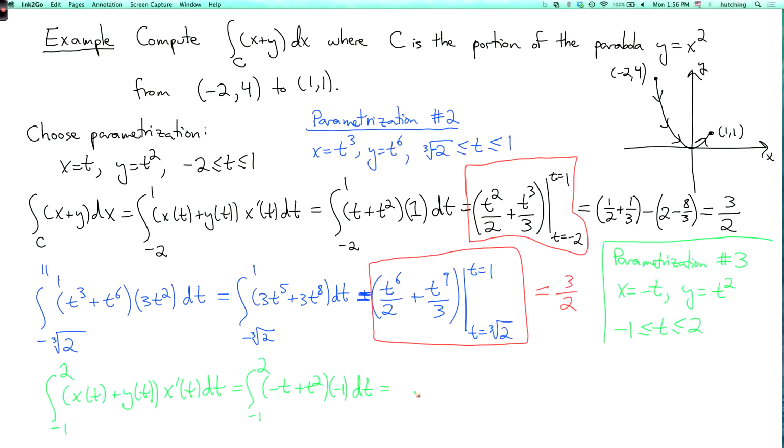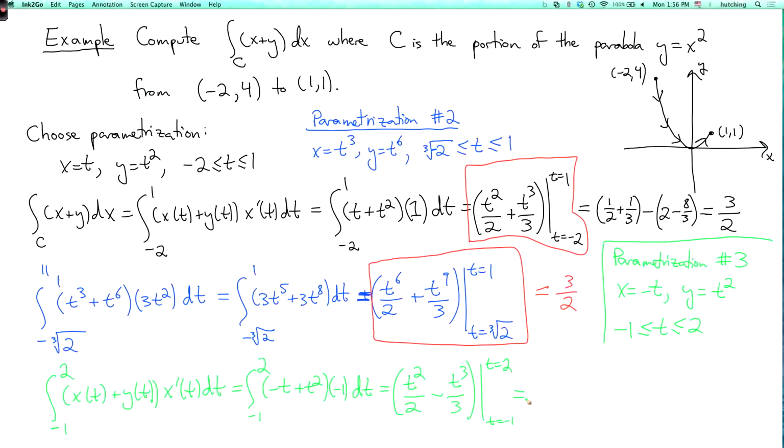So what is this? Here I have minus t times minus 1 is plus t, so I get t squared over 2. And here I have minus t squared, so that's going to give me minus t cubed over 3. And we're going to evaluate this at t equals 2 and t equals minus 1.